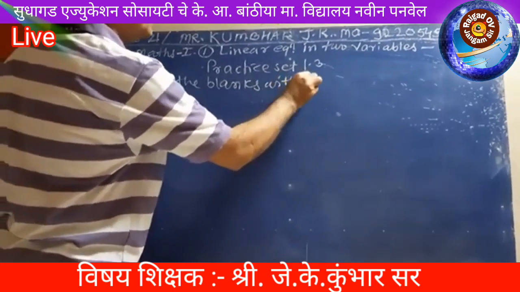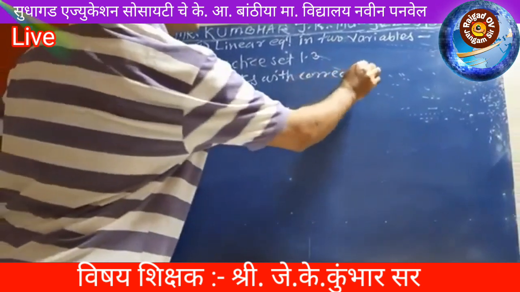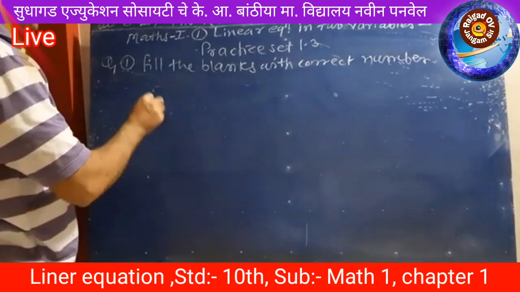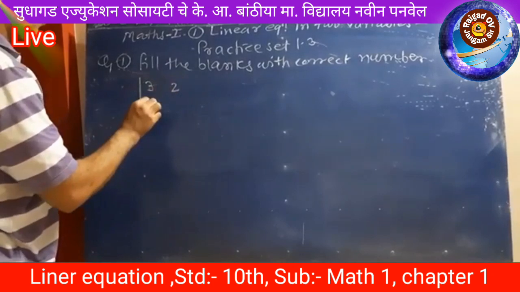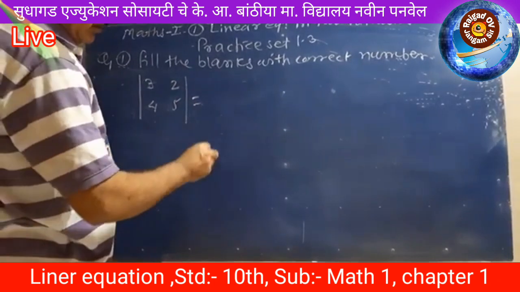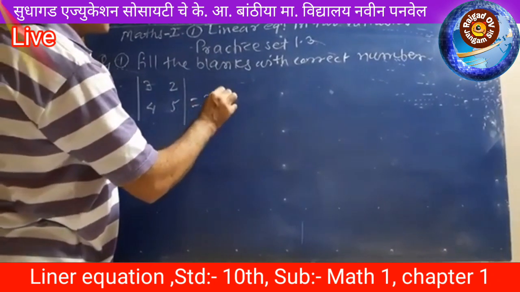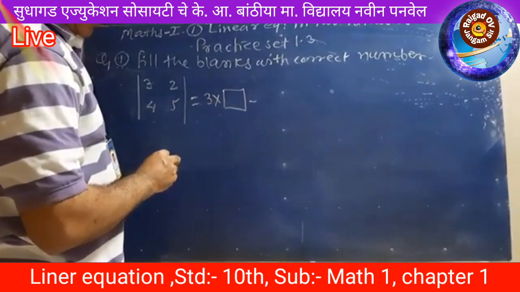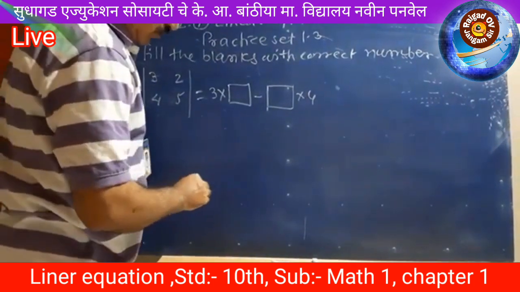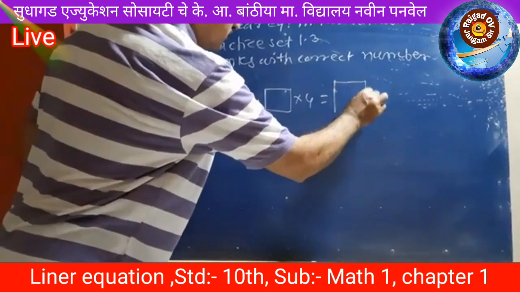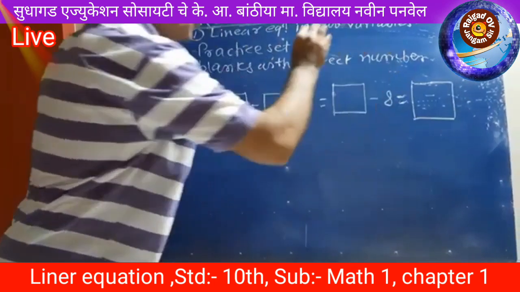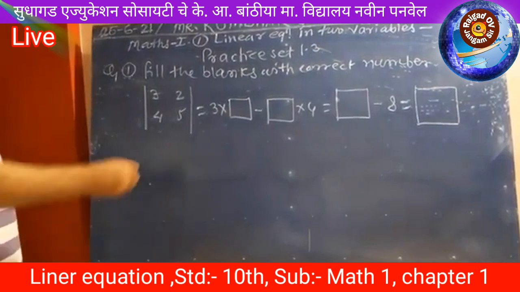In the determinant 3, 2, 4, 5, the value is equal to 3 into box minus box into 4, which is equal to box minus 8, which is equal to box. We have to fill the empty boxes from the given determinant.